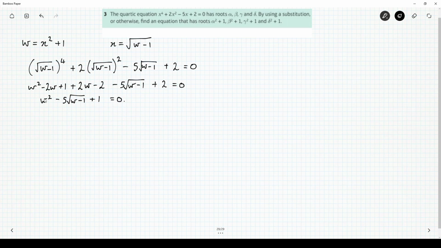Okay, so I mean this is an answer, but we can write this in a nicer way without the roots. For this you can do it sort of like how you would do a difference of two squares.